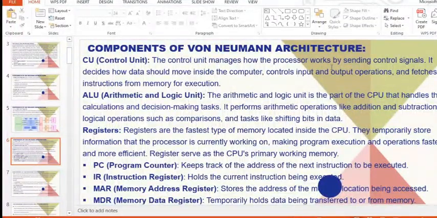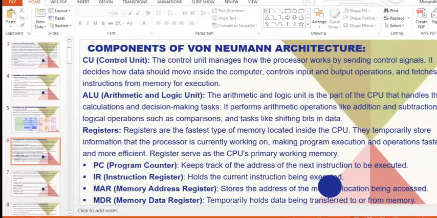Then we have the IR, which is the instruction register, which temporarily holds the current instruction to be executed. That's the instruction register within the registers, which is temporary storage for your processor.